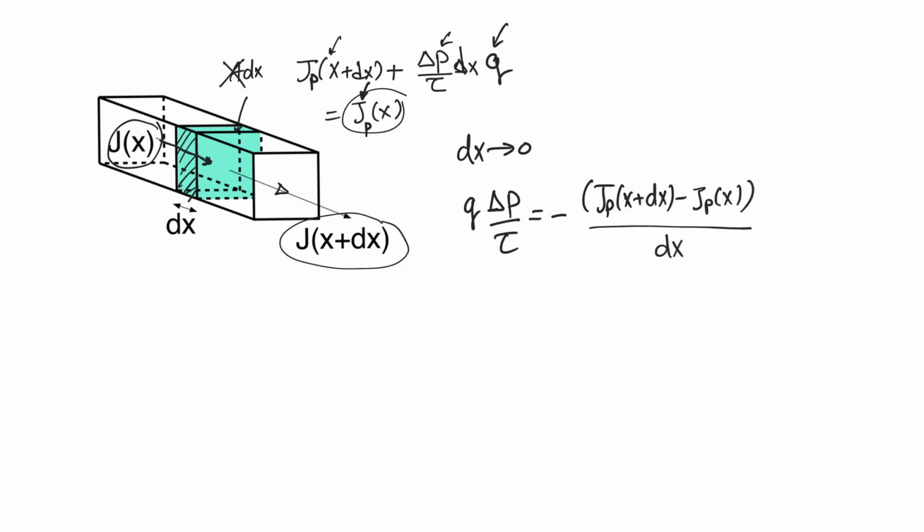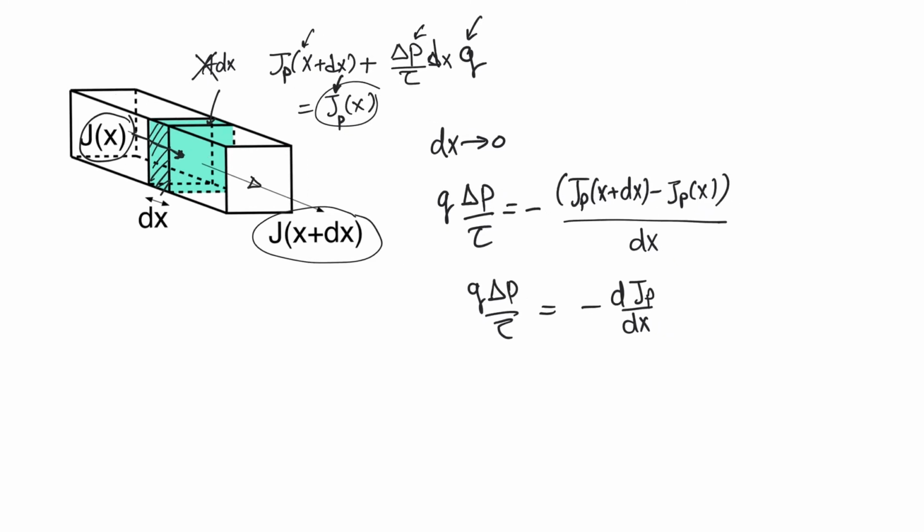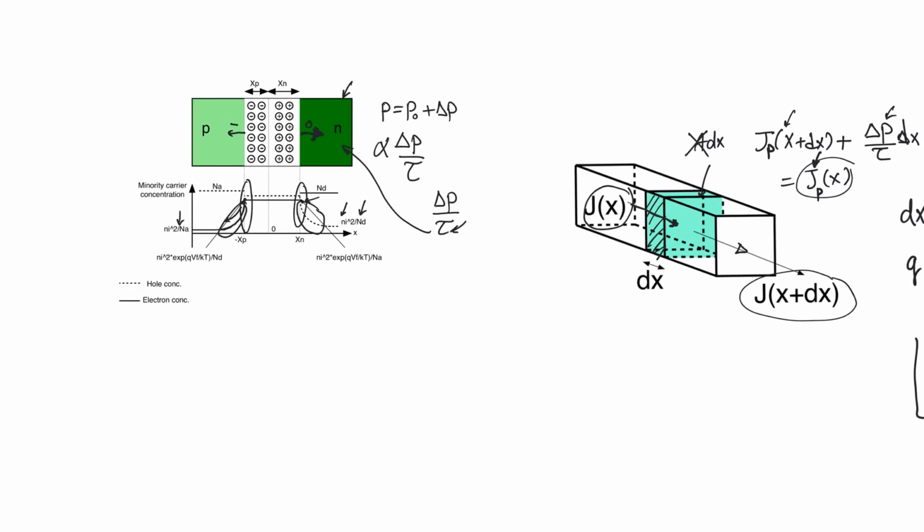Now taking the limit as dx tends to 0, we get q delta p by tau is equal to minus djp by dx. And this is the current continuity equation, which we will come to use quite often, so we have to keep track of it. Now the current we are talking about here is the whole current that manages to get into the n side. This is a diffusion current.